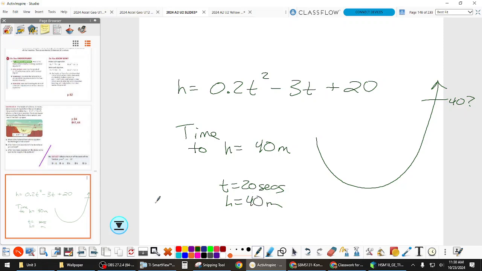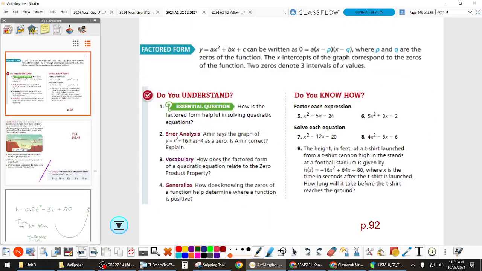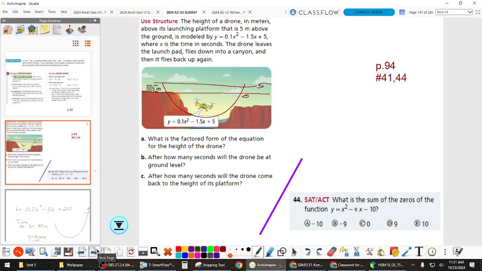Okay, what I've just shown you, number 1, is an example of how to solve in context and use your calculator to check. Any questions on that? Okay. This drone problem, you now could solve and check with your calculator.